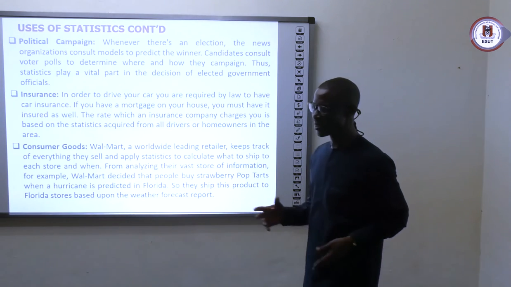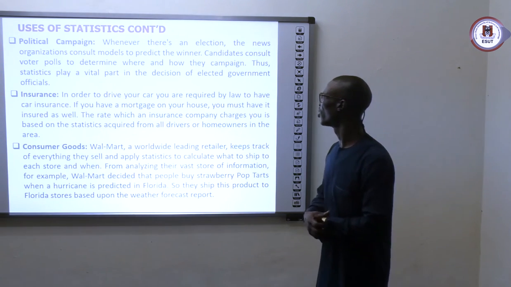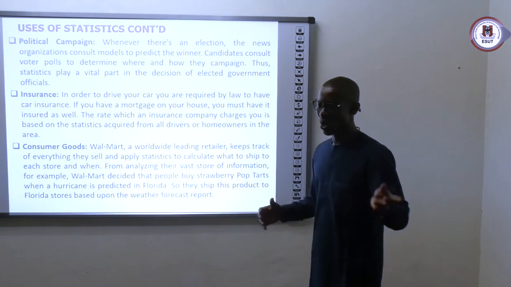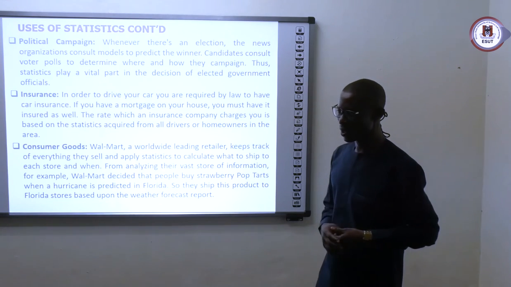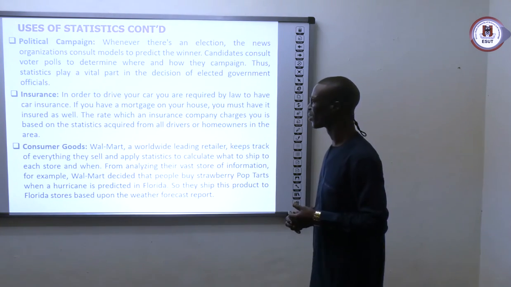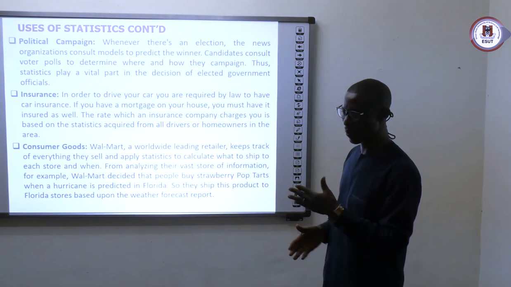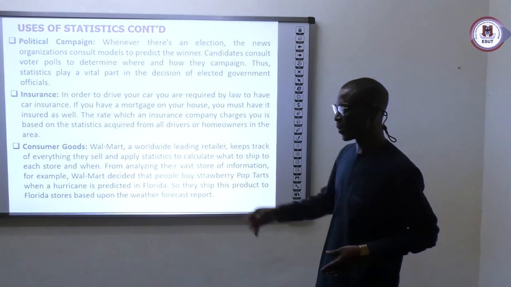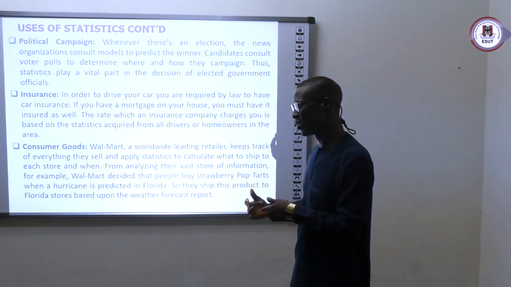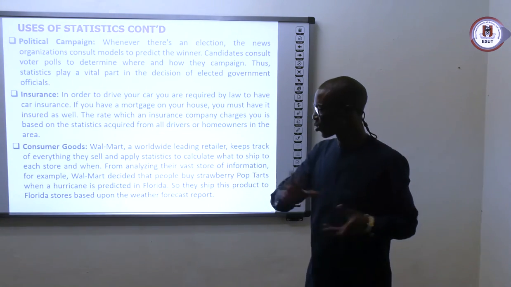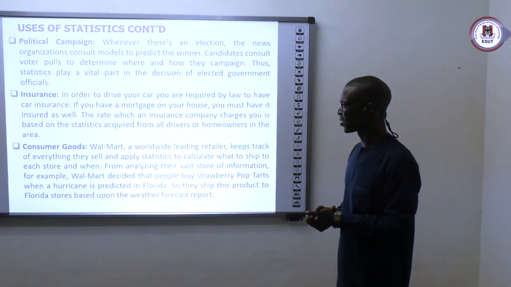Without statistics, you may not be able to know the best strategy. The zero-sum game, or win-all game, is all about statistics. When I play this, my opponent will play this, and once my opponent plays this, I'm going to win this. So all these are required in statistics.